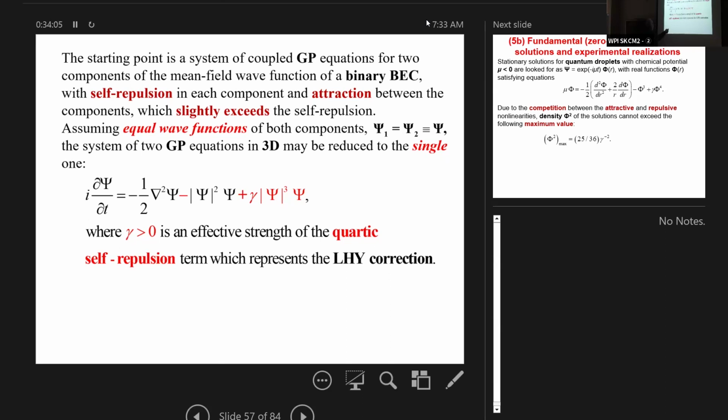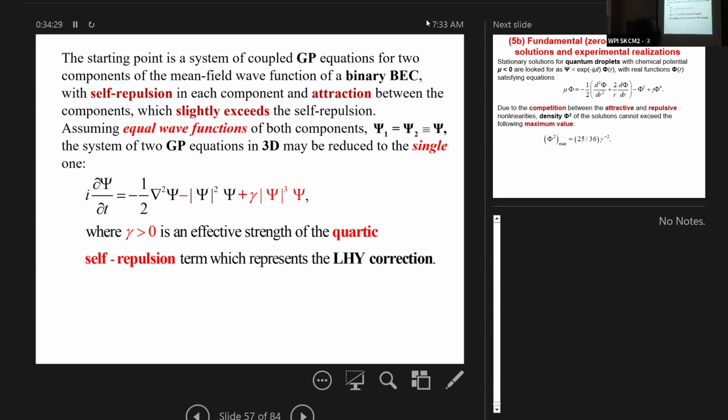But when we have the almost exact compensation between the usual mean field terms, this additional term may become important. And this term seems a little bit strange. It's non-analytical because it contains the third power of the absolute value, not an even power. Nevertheless, this is the form of the Lee-Huang-Yang correction with some positive gamma. Positive means it is always a self-repulsive component.